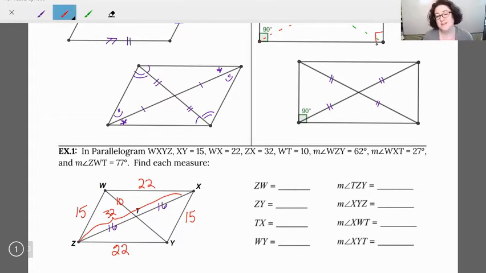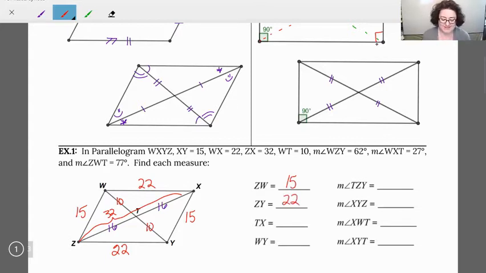And then looking at the 10 that we have, well, if segment WT is 10, then the other half of that diagonal also needs to be 10. And so let's go ahead and label out the sides that they're asking us to find the measures for. We have ZW, well, we already labeled that as 15. We have ZY, which we just labeled as 22.